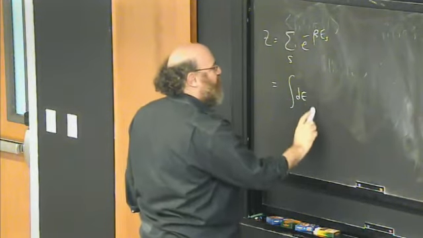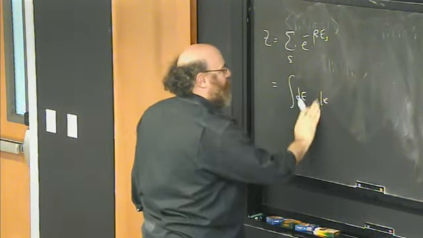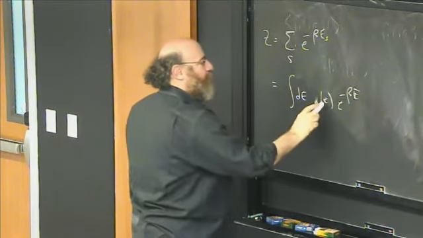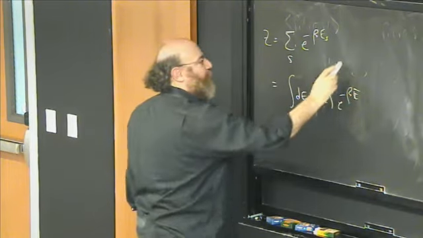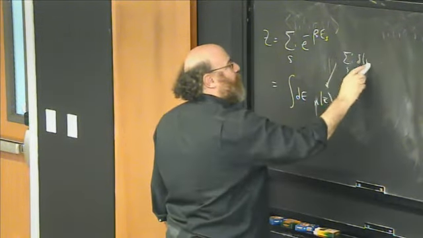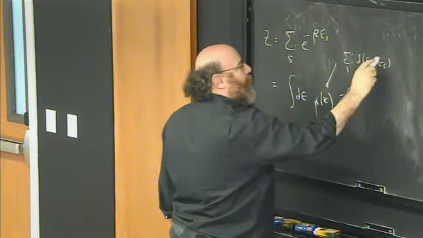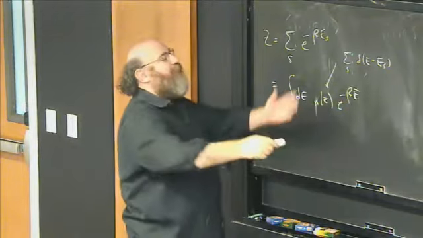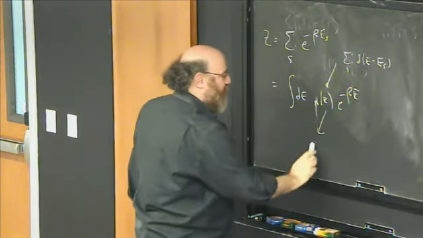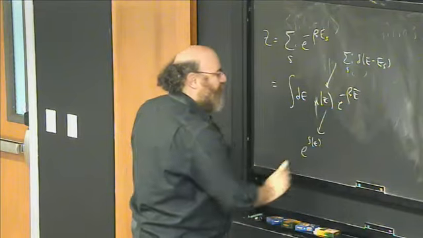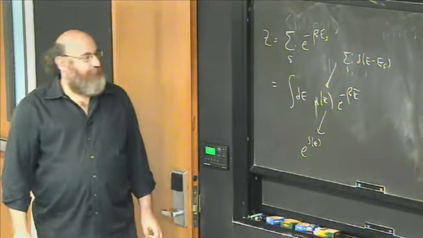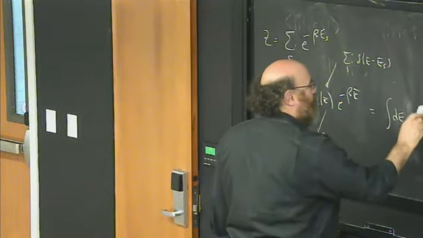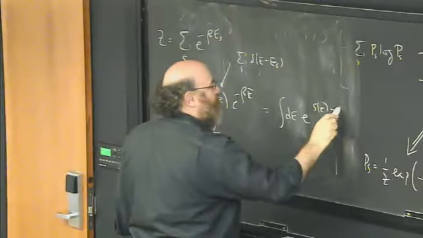So I could think of this, call it n of E, where n of E is the density of states. But you could also think that in the limit that there are many, many states, this becomes almost continuous. And so it's really e to the entropy associated with that energy. And so the integral that you're doing in order to compute the partition function is just that.